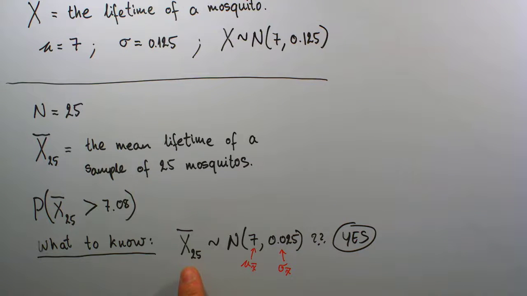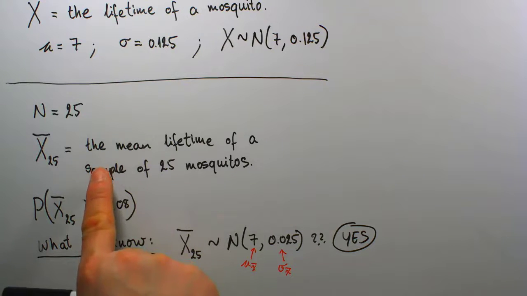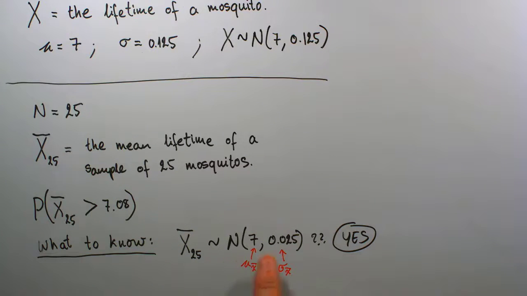We now can say that this sampling distribution of the means, this population of all sample means, will be on a bell curve. And that bell curve will take center 7, the mu x bar, and sigma x bar as the average spread, the value here being 0.025.